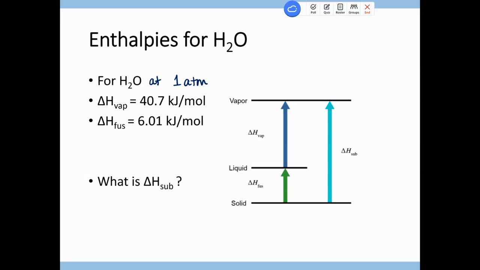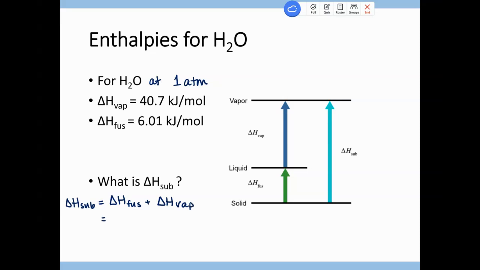It doesn't matter how you go from solid to vapor. If you go directly or the substance becomes a liquid first, the same amount of energy is required for that process. That's what it means to be a path function. So delta H of sublimation for water, or for any substance, is delta H of fusion plus delta H of vaporization.